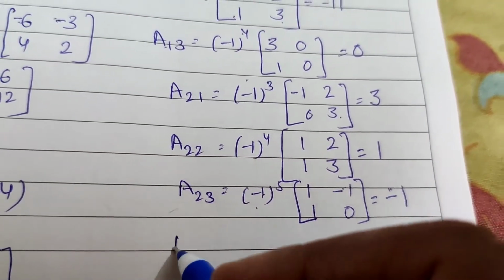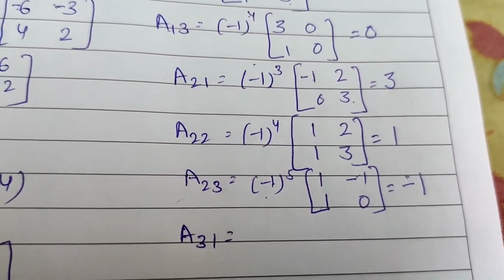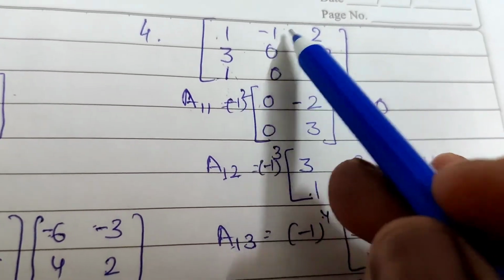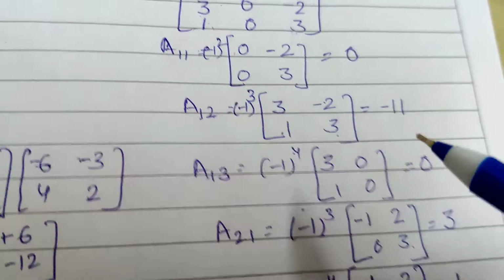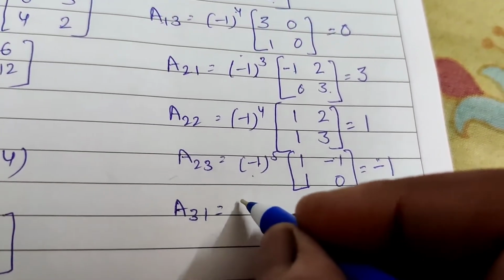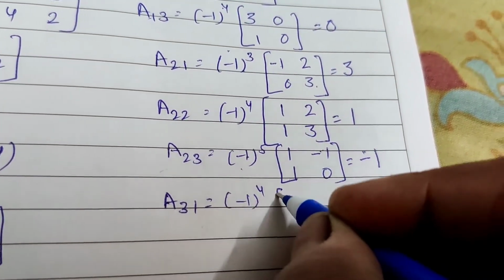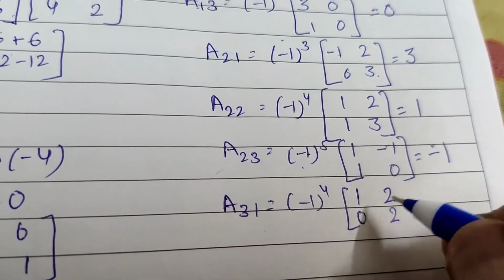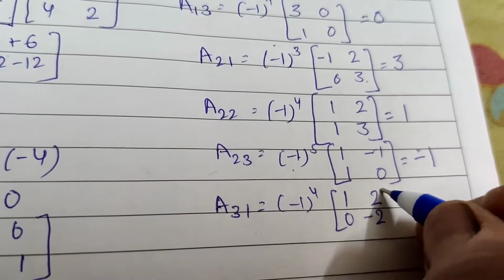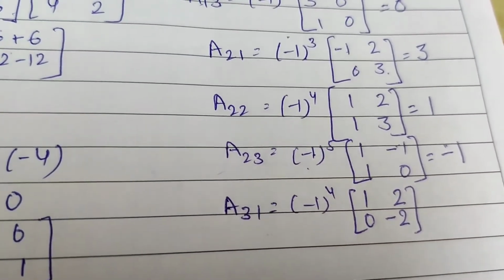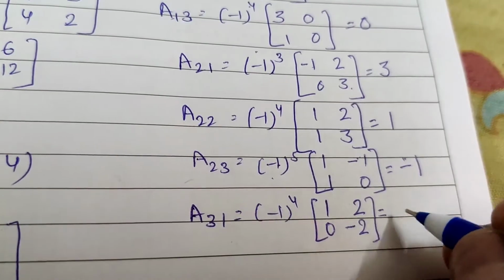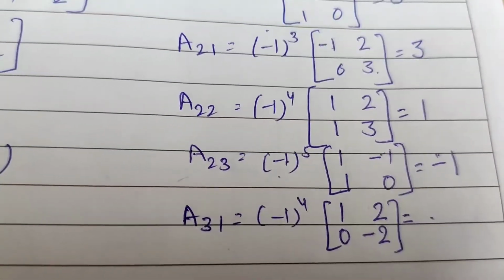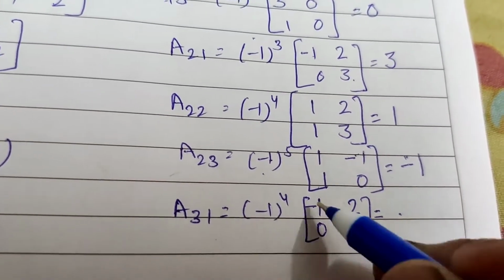Okay, now A31, third row first column, minus 1 2 0 2, minus 1 2 0 minus 2. Now the value is minus 2, minus 1 2, it is 2.